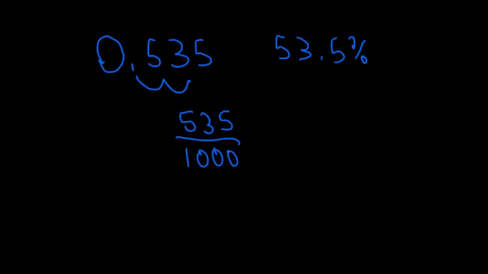You divide both of those by 5. 5 goes into 5 once. 5 goes into 35 7 times. And then 5 goes into 10 twice. And then 5 goes into 0 and 0 0 times. So you get 17 over 200.